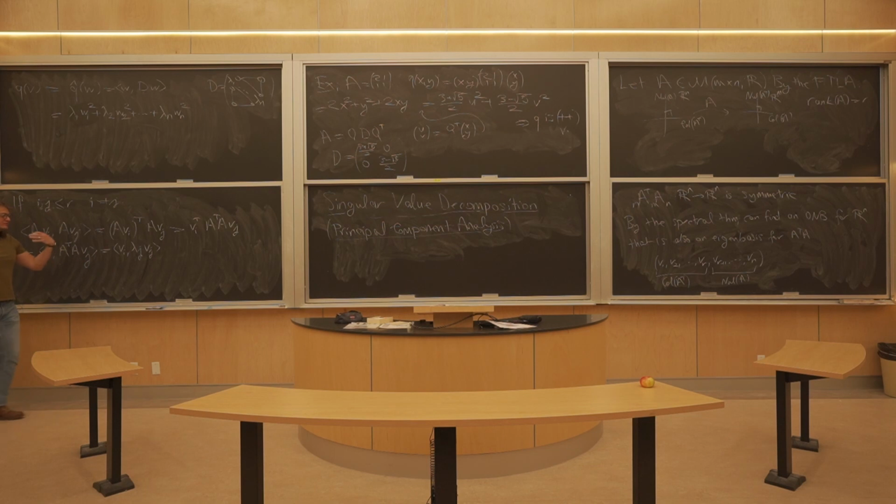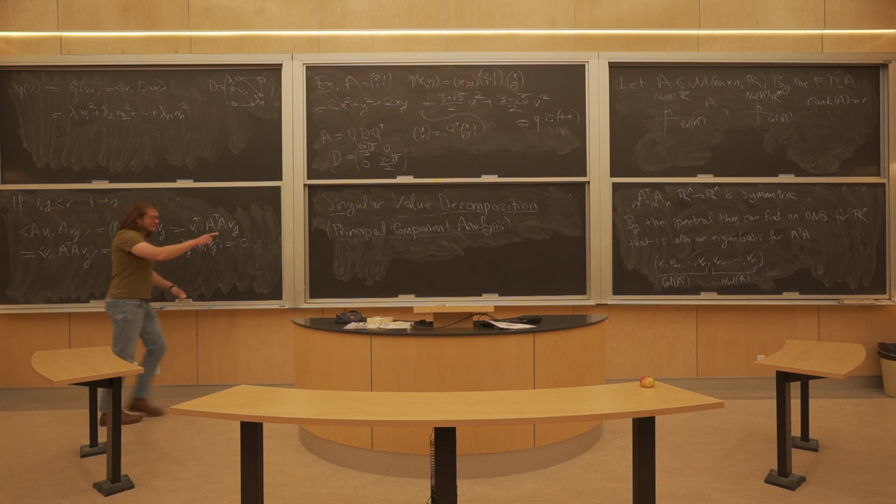But then this is a number, I can take it out, so I have Vi against Vj. But that basis is an orthonormal basis, which means that that inner product is 0, no matter what this lambda j is. So you see, I start with an orthonormal basis.